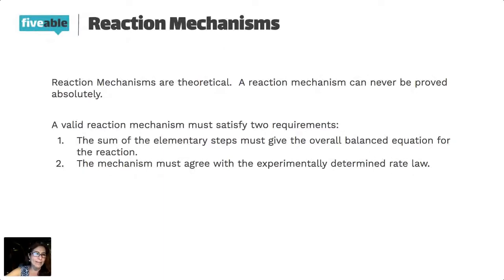So a valid scientific reaction mechanism must satisfy two requirements. The first one is that the sum of the elementary steps, the addition, must give you the overall balanced equation, and the second is that the mechanism must agree with the experimentally determined rate law.